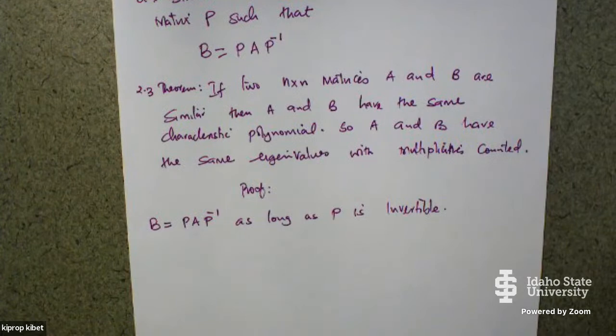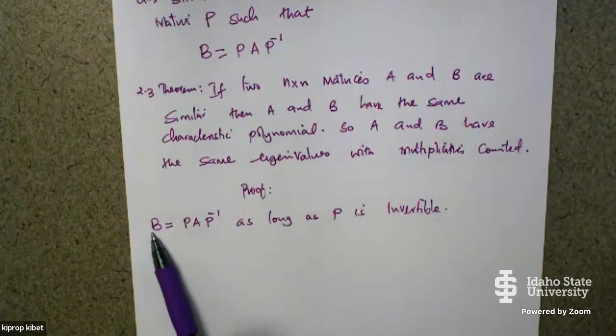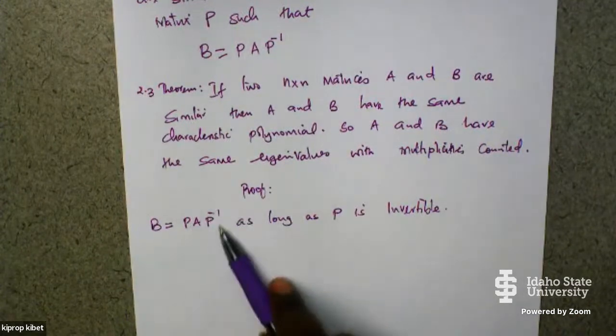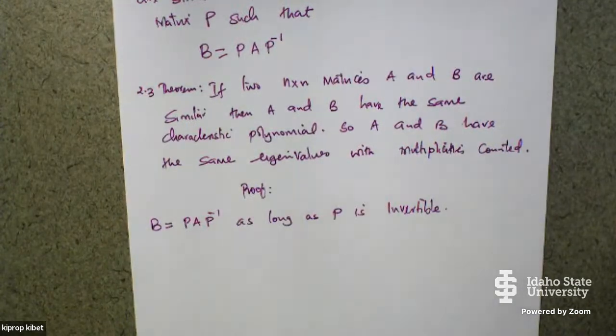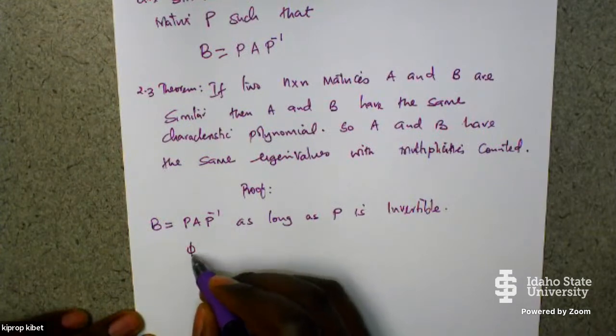Then we also say the characteristic polynomial of B is the same as the characteristic polynomial of A.